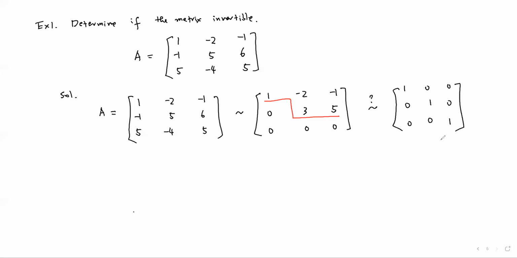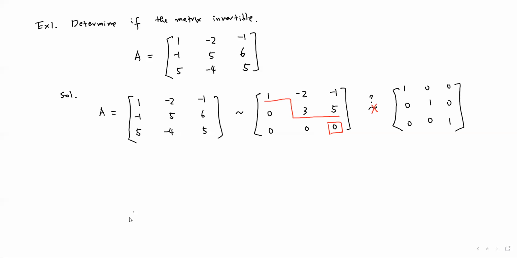I don't think so. Why? Because in this position, the entry is 0, not non-zero. I cannot use this 0 entry to eliminate the entries above. Therefore, because this entry is 0, we cannot further reduce this echelon form to the identity matrix. So the answer is no.